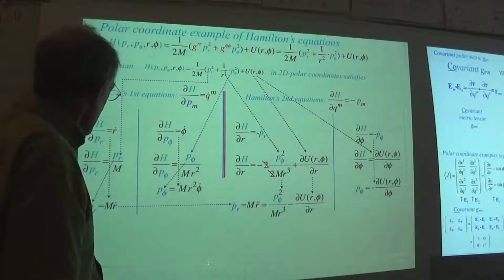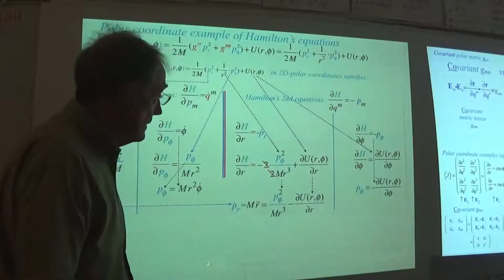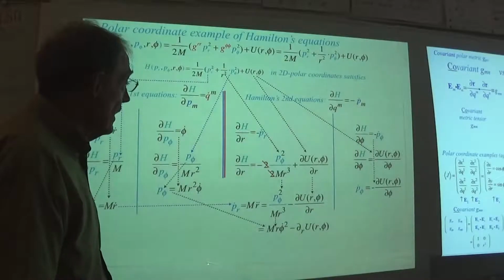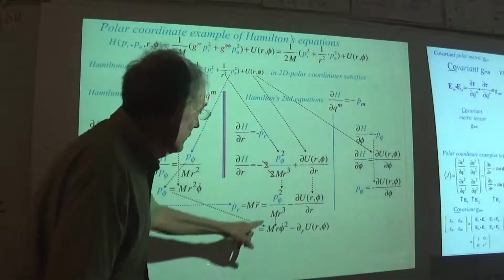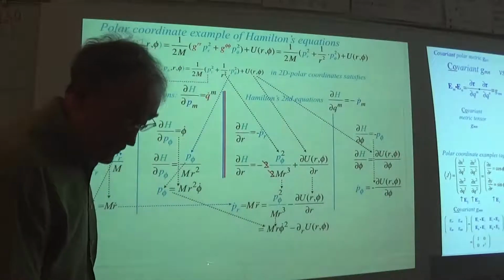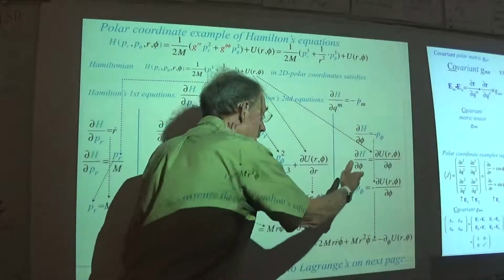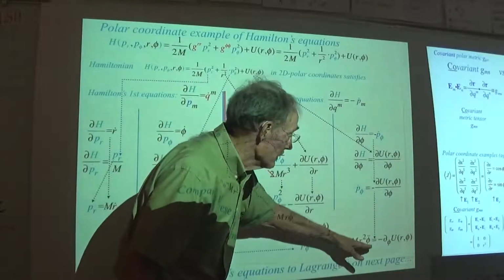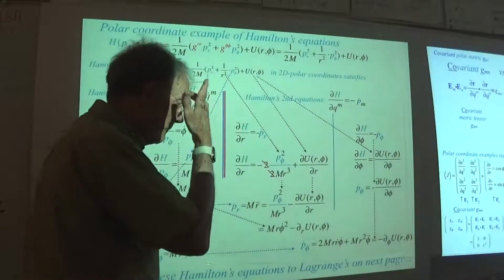I can go in here and take PR dot, mass is a constant, but I can get an R double dot out of that and get an expression there for R double dot. I'm going ahead here and using the P phi squared to give that expression right there. And I've got to do a similar thing with these two to get an expression. Finally, we're getting something we recognize from the Lagrangian approach.